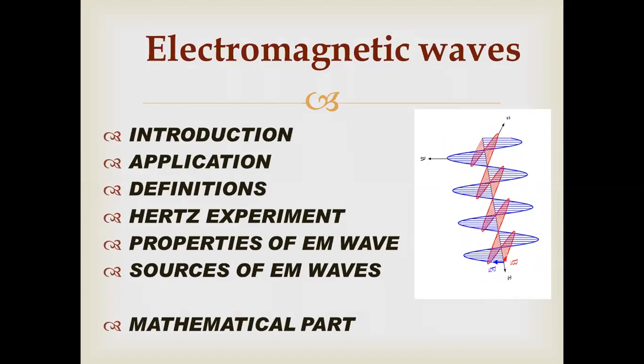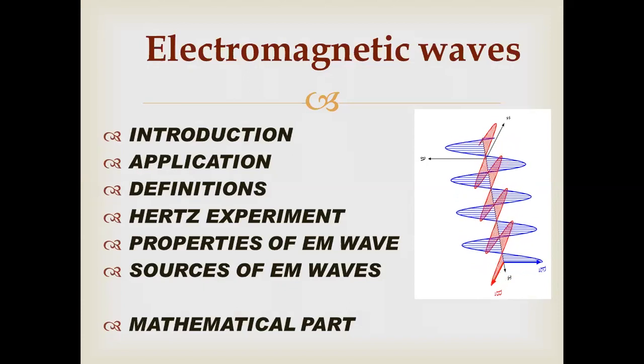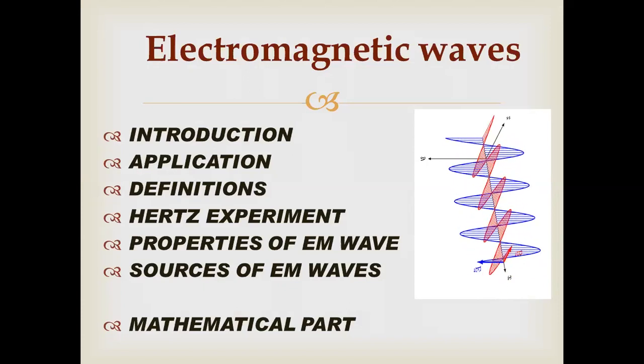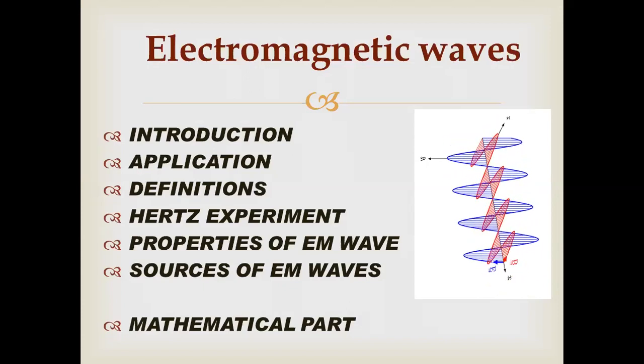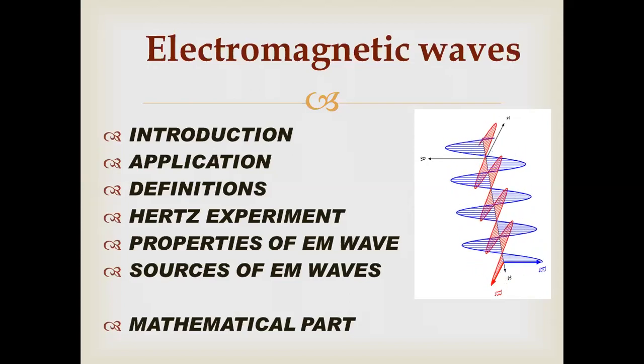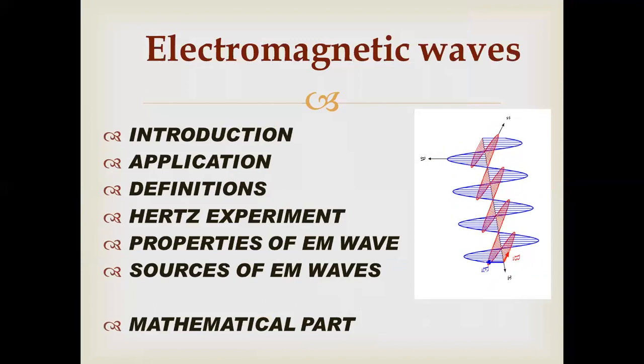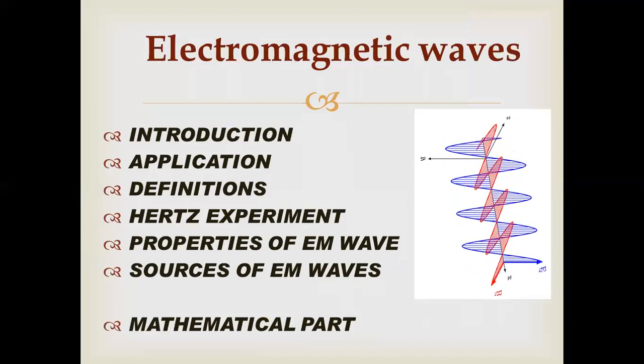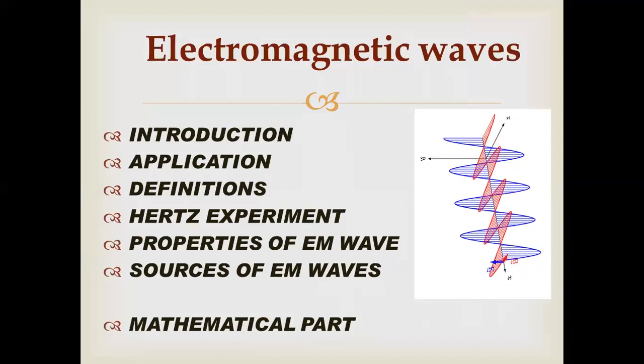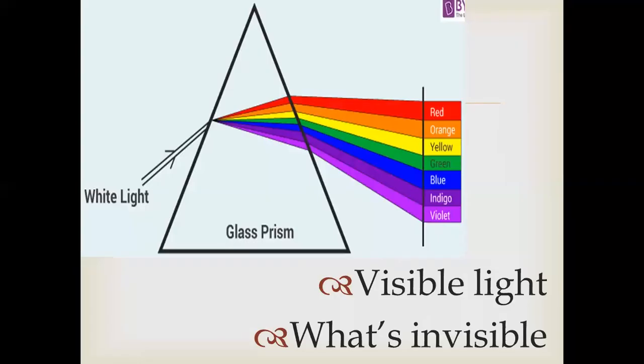So for the next few minutes, we will be discussing the electromagnetic spectrum. What is an electromagnetic spectrum? Before we get into the chapter, I would like to start with a question. We are all very familiar with the word visible light.